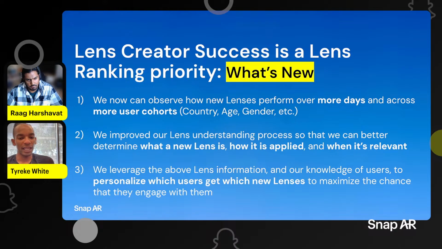And then the third thing, which I'm super excited about, is we leverage 1 and 2 and the knowledge of those users outlined in number 1 to personalize even more which lenses are distributed to Snapchatters.